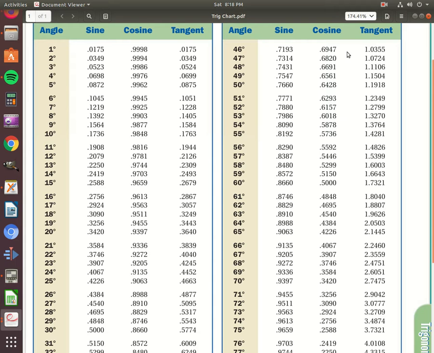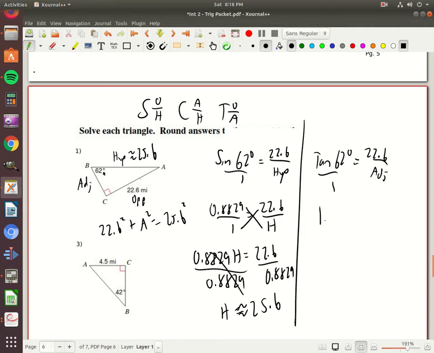So the tangent of 62 is 1.8807. So 1.8807 over 1 is equal to 22.6 over, we'll just say a for adjacent. We'll cross multiply. I'm going to get 1.8807a is equal to 22.6.